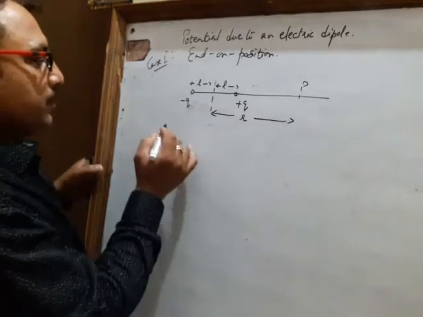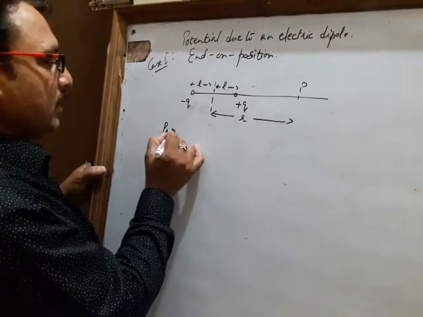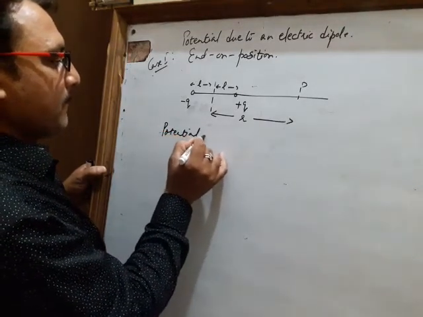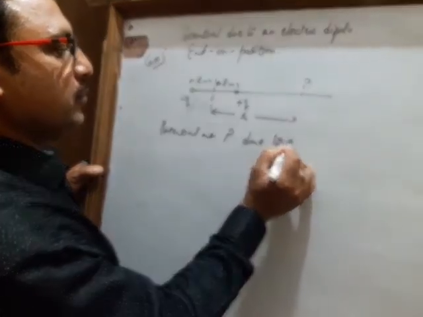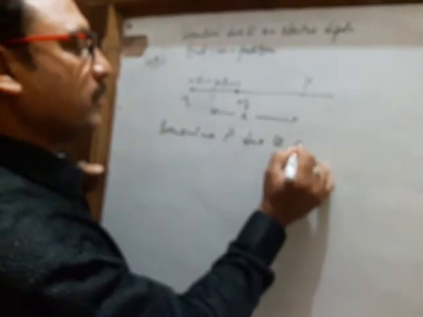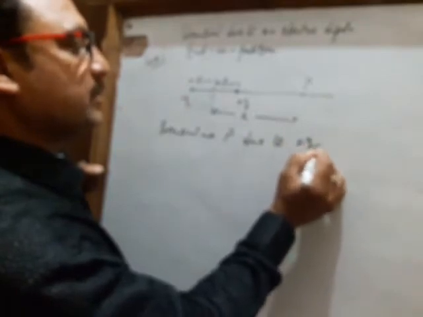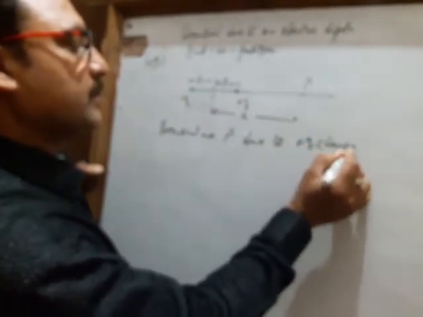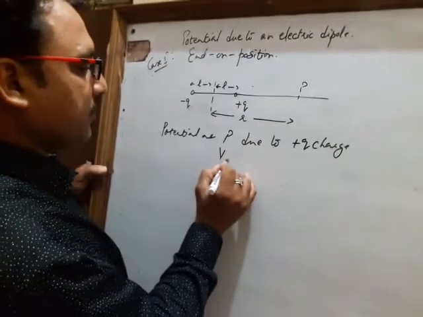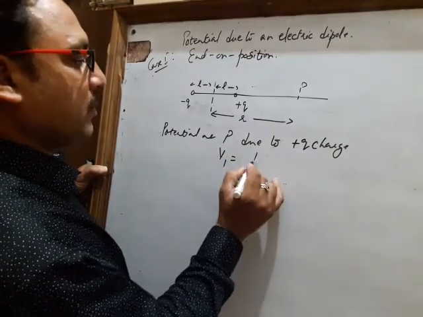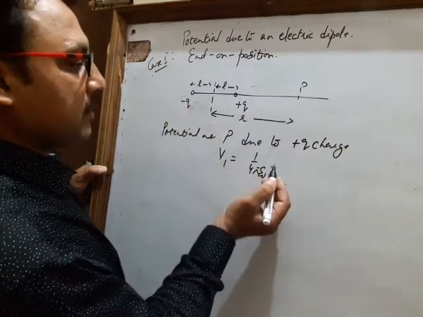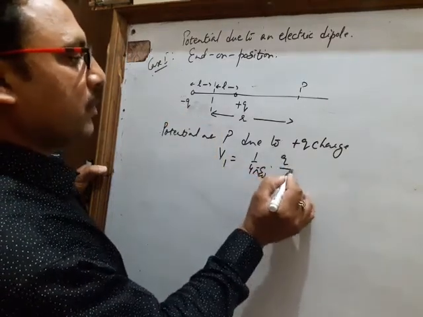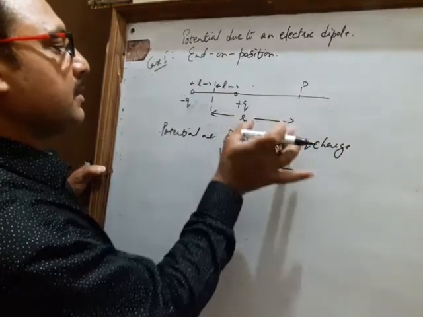So first of all, potential at P due to plus Q charge. So you can write V1 equal to 1 by 4 pi epsilon naught Q upon, what is this distance?